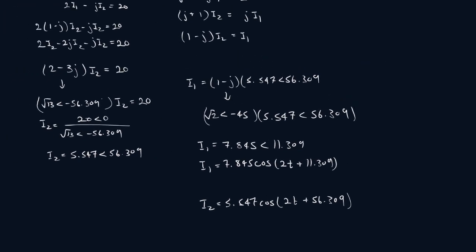And then let's get the current when T was 1.5 seconds. So 2 times 1.5, that's 3. But don't add these up yet because this is in radians, this is in degrees. So 3 times 180 divided by pi, that gives it in degrees. So it'll be 171.9.